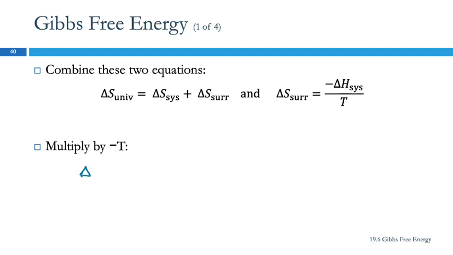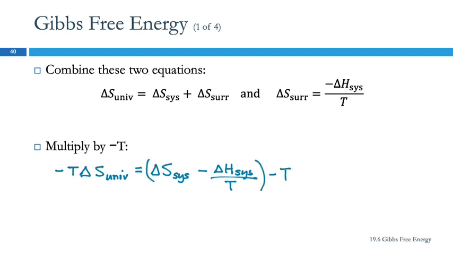We got delta S for the universe is equal to delta S for the system. And instead of delta S surroundings, I'm going to write this, minus delta H for the system divided by T. And then I'm going to multiply both sides by negative T. So I get negative T delta S for the universe.